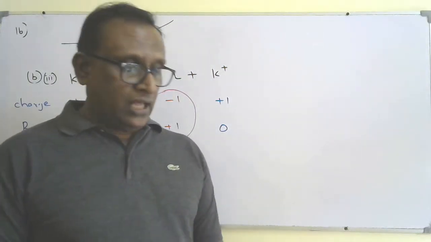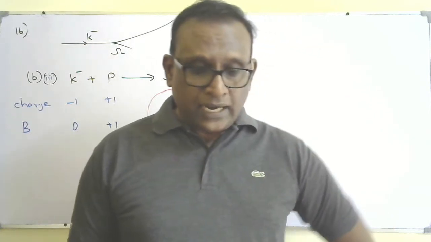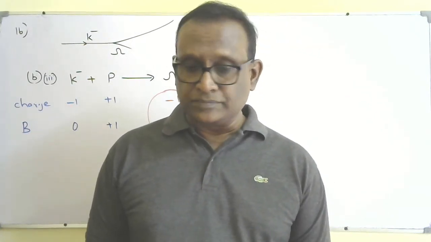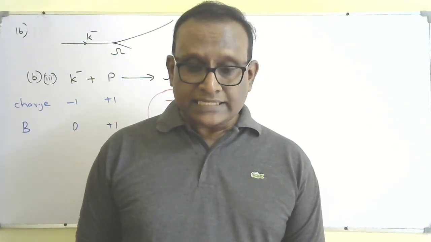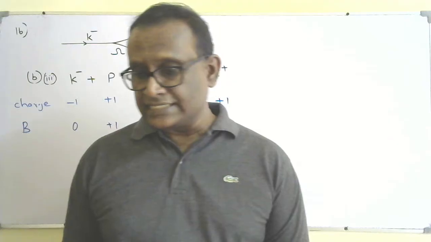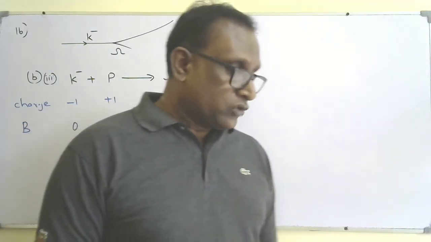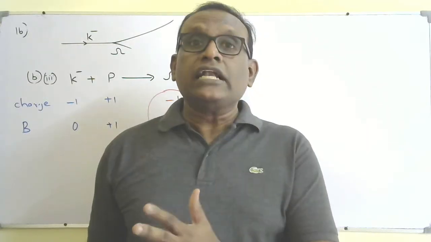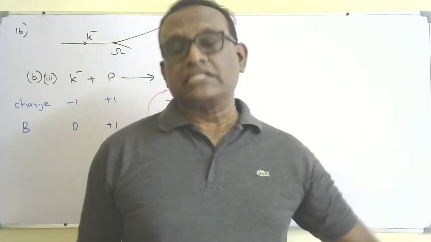Okay, that's all. Now part C: the rest mass of the omega baryon is significantly larger than the rest mass of the proton. Discuss how energy and momentum are conserved during this collision. It's a 6-mark question. So first you should say in this interaction, total mass energy must be conserved.